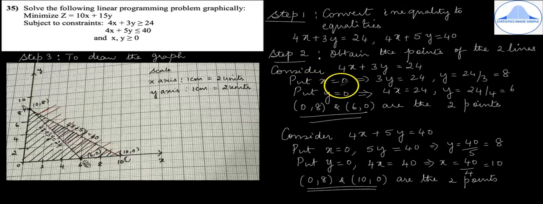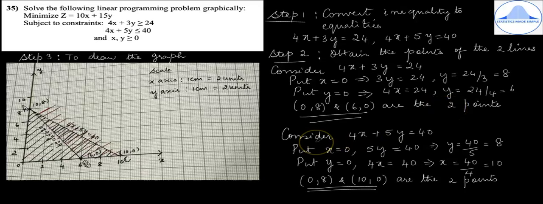Put x equal to 0. So you'll get 3y is equal to 24 or y is equal to 24 divided by 3, which is 8. Similarly, put y equal to 0 in this equation. So you'll get 4x is equal to 24 or x is equal to 24 divided by 4, which is 6. So (0, 8) and (6, 0) are the 2 points of this line.